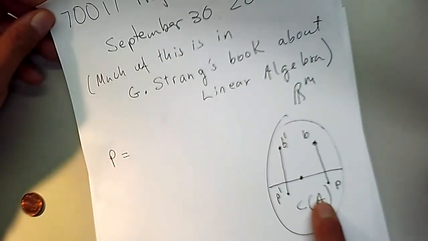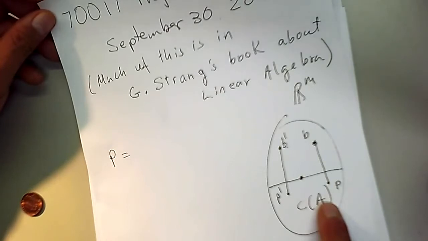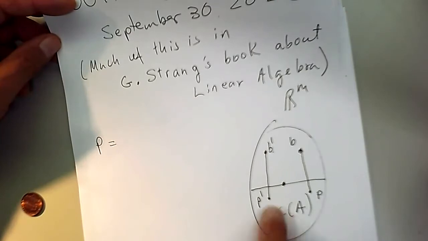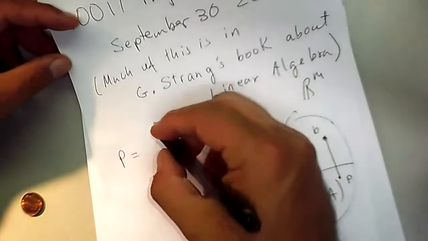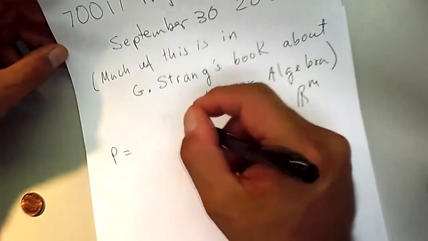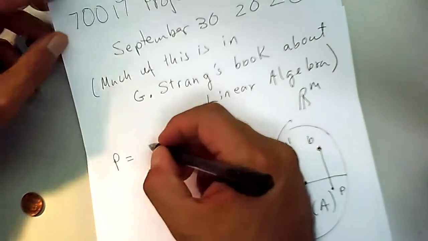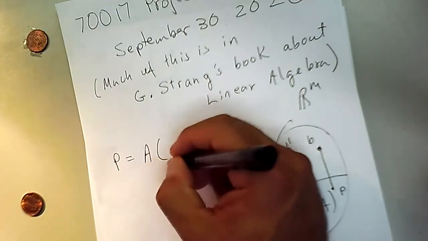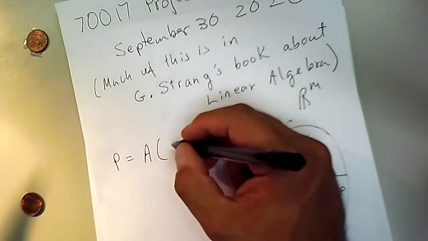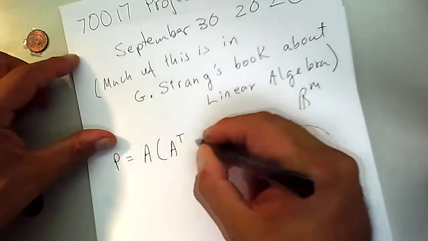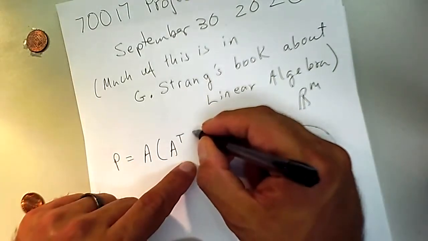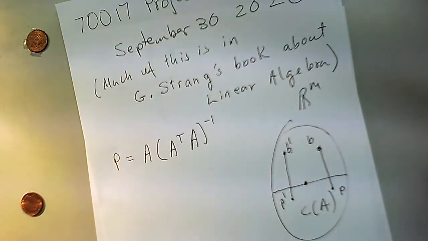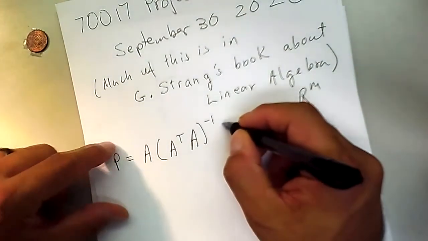If A is made up, in columns, by a basis of this subspace, then, and I'm going to come back to that in a moment, but I don't want to lose the formula, the formula will be A times the inverse of A transpose A, times A transpose.